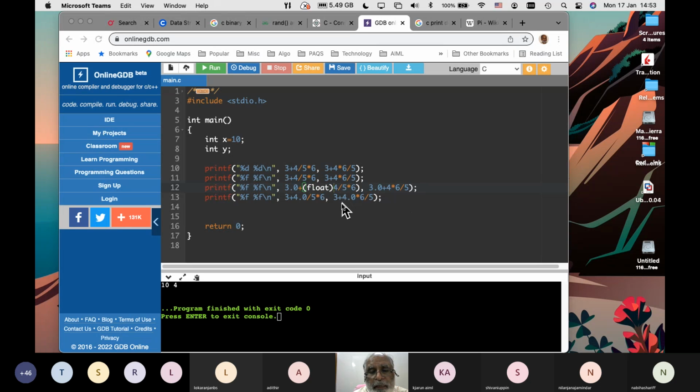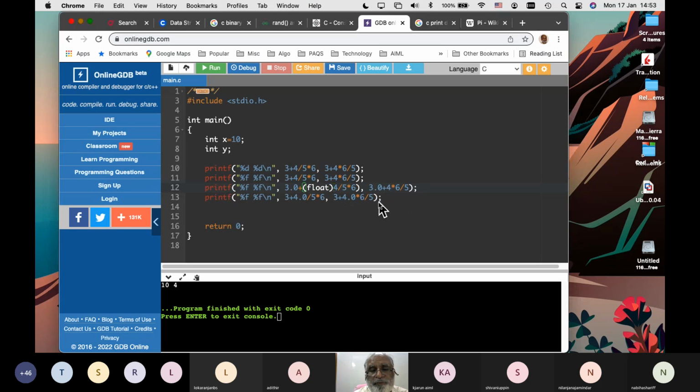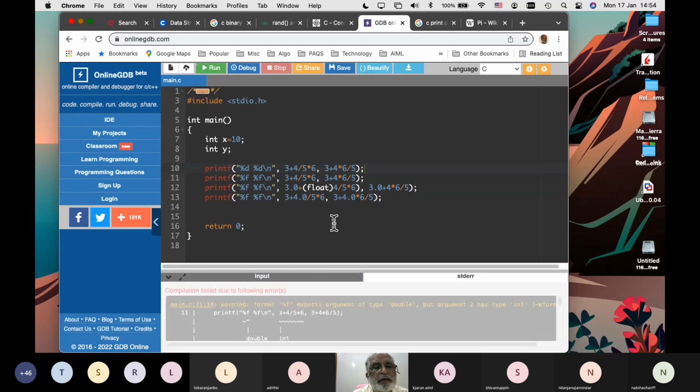Now look at this number, especially the last one. I'm doing 4.0. Because it is 4.0, the number has become floating point, so everything would be taken as floating point. And even here, everything would become floating point, and that is when you'll get those answers.